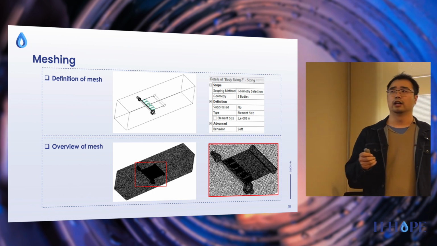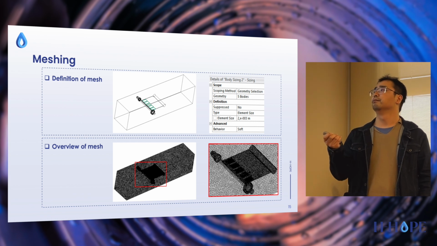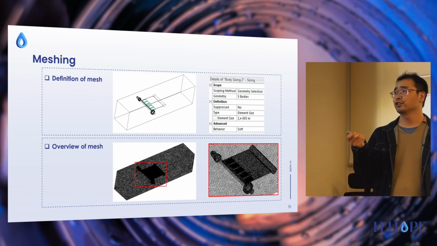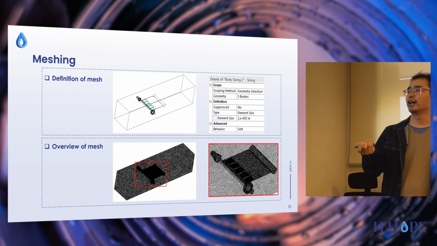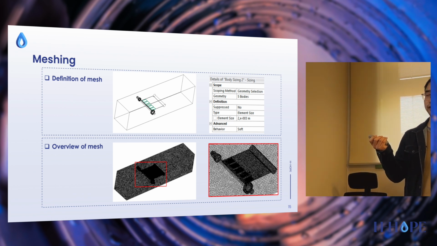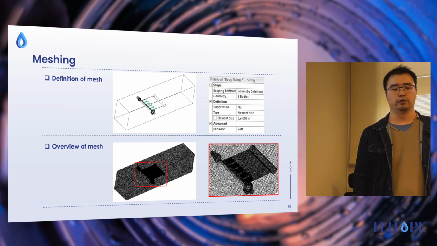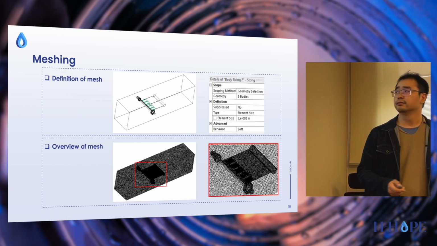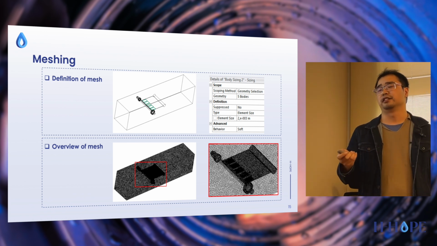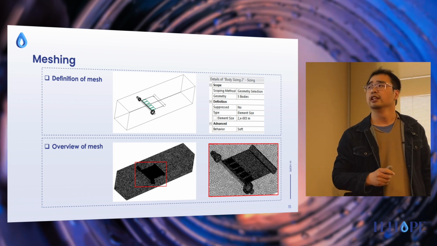To well resolve the piezoelectric patches on the bodies, we have to refine the mesh of these bodies, and here is the overview of the mesh. Here we take an example of the harmonic analysis.